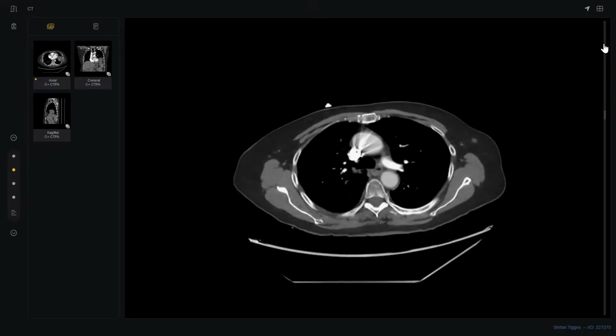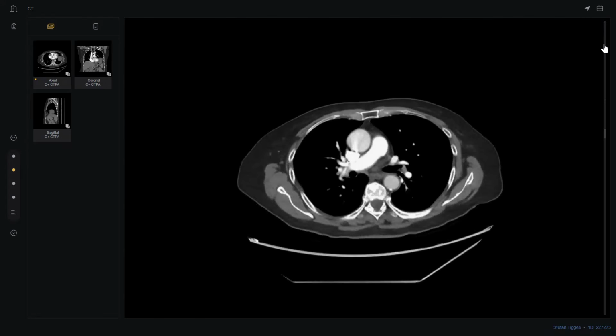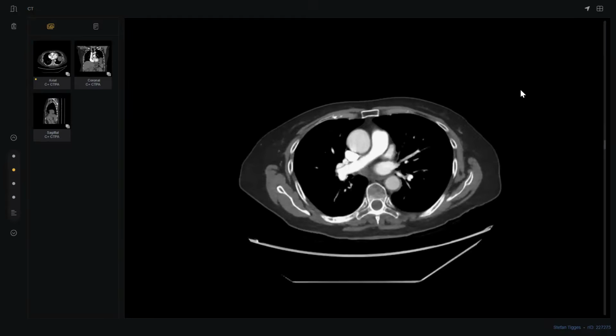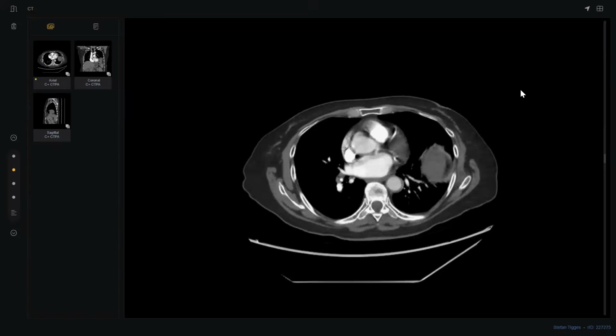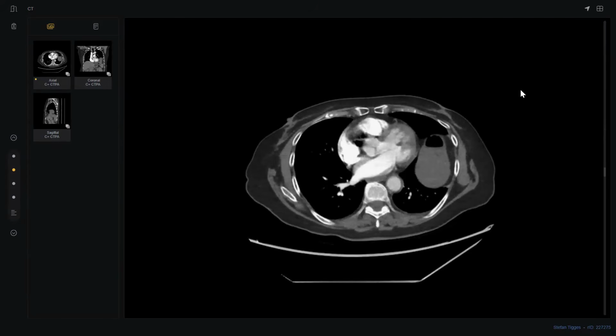Yeah, you can use the side bars or arrows. Okay, so these are axial sections, post-contrast CT chest, soft tissue window. I will scroll for you.